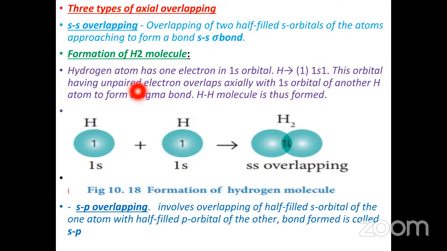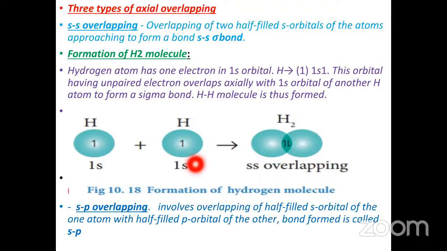This orbital having an unpaired electron overlaps axially with the 1s orbital of another hydrogen atom to form a sigma bond. Thus, the H2 molecule is formed.